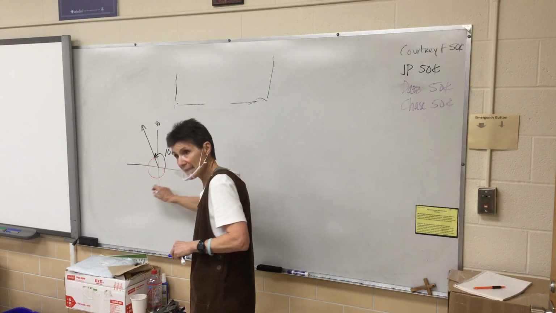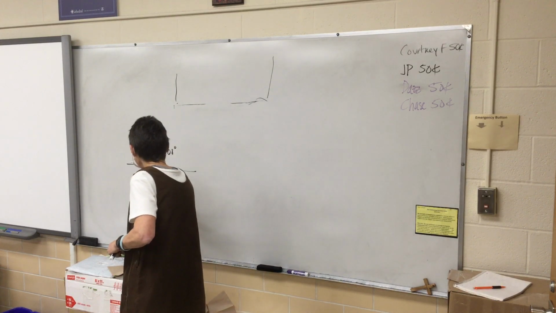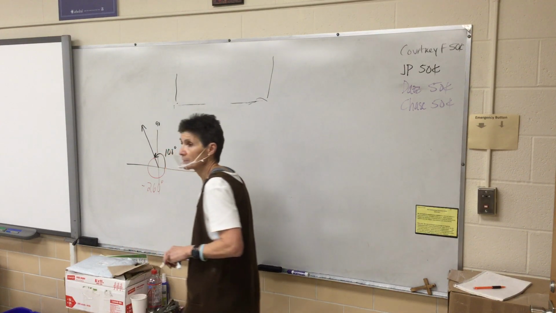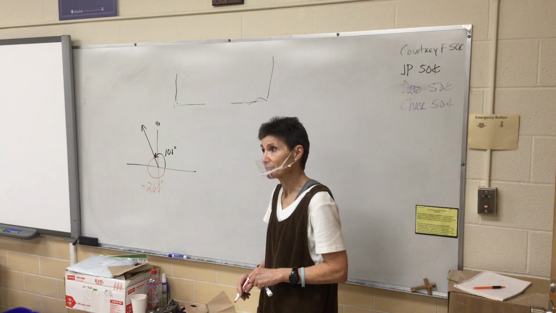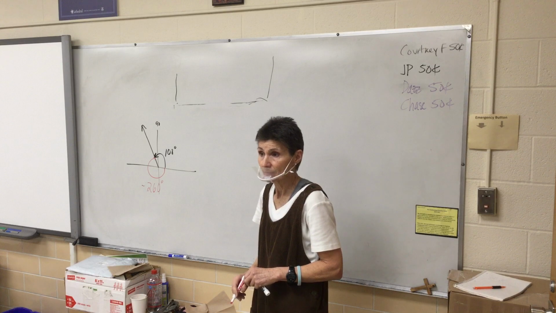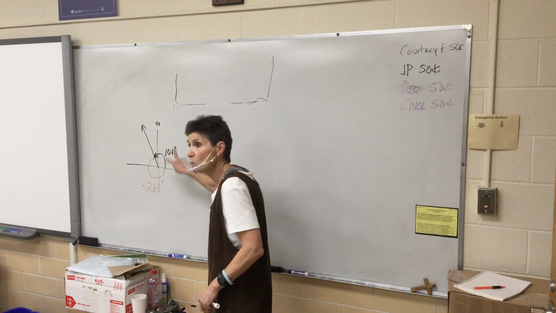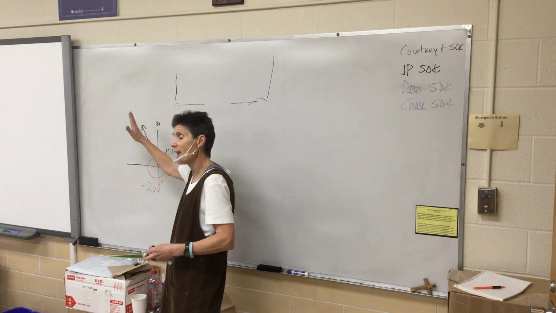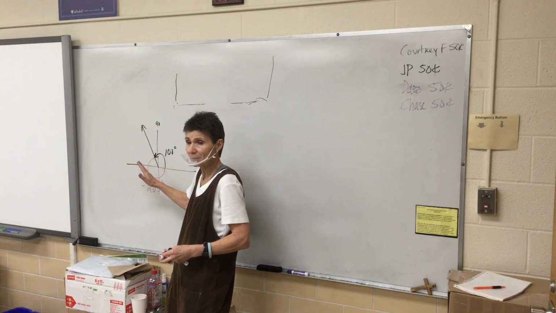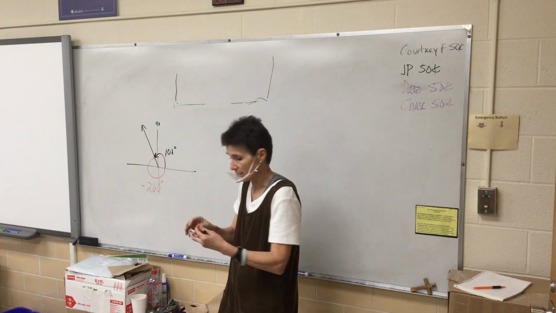It's rotating in a negative direction. The red angle is negative 260, because together, the red and black have to make 360. So these are called coterminal angles because their terminal side, where they stop, is the same ray. That's what coterminal angles are.